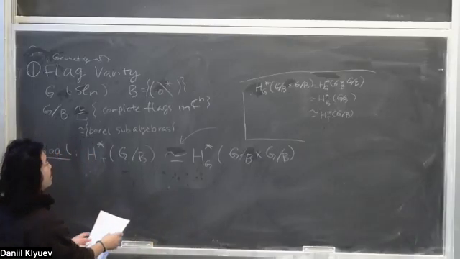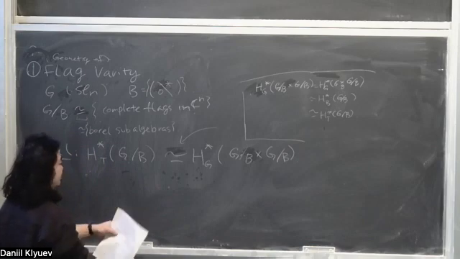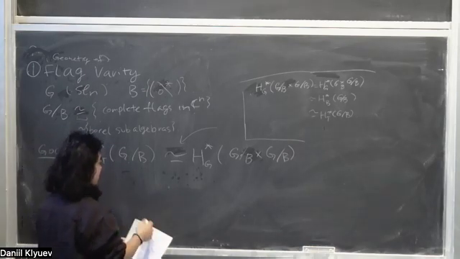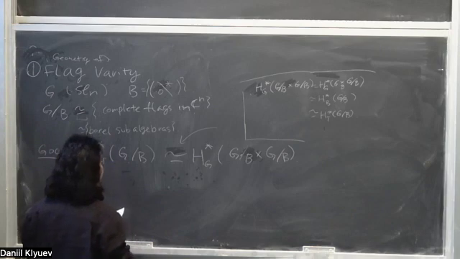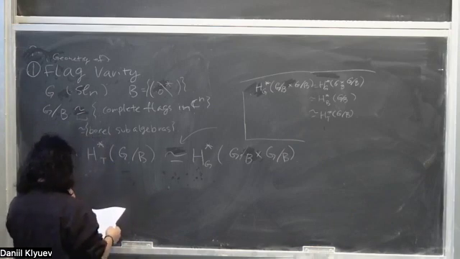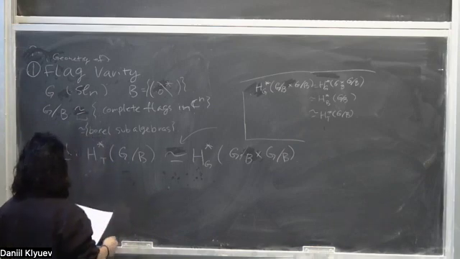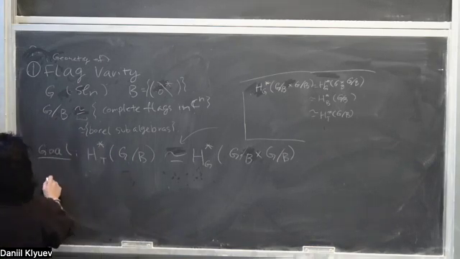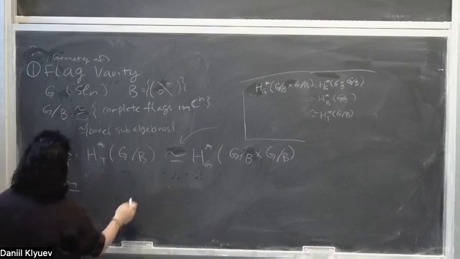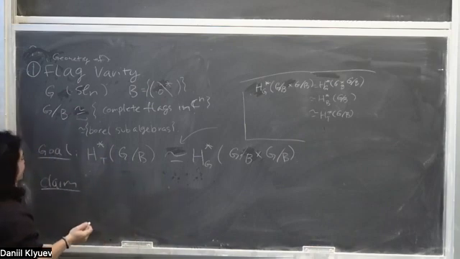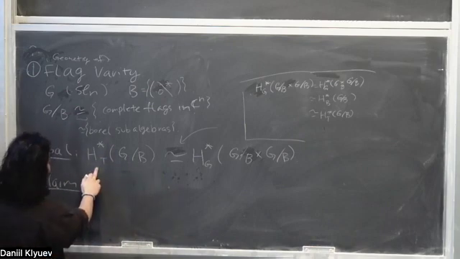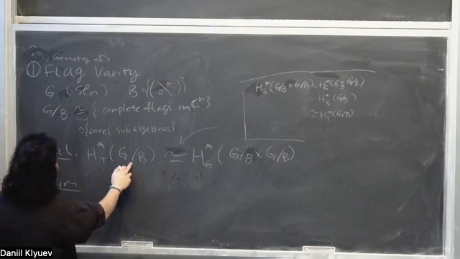Since G mod B is, so okay, the first thing, whenever you see something like this, a good question to ask is what are the T stabilizers, the T fixed points of this thing.